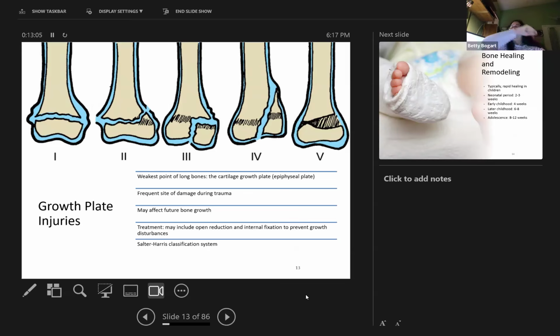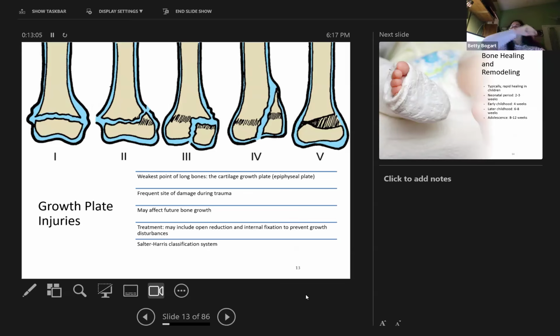Now, when that child has their cast on, you need to teach them how to take care of it. The big thing is don't get it wet. We send them home with a plastic bag for arms or legs so that they can shower and keep clean, but keep those casts dry.